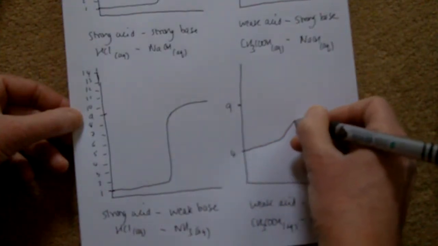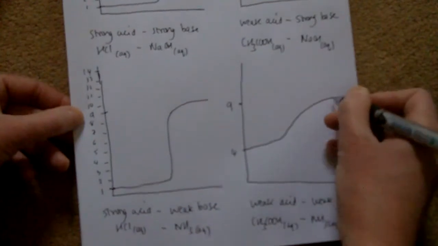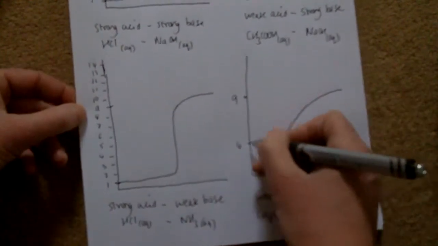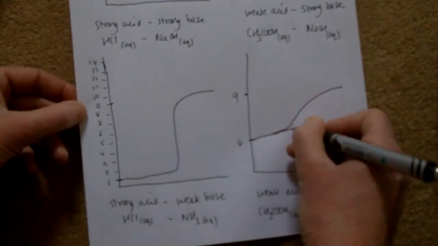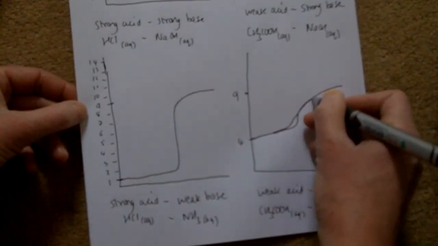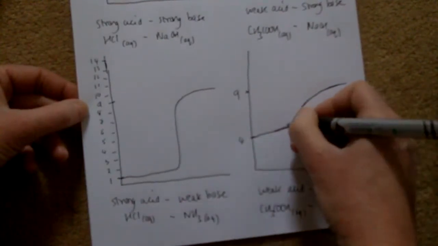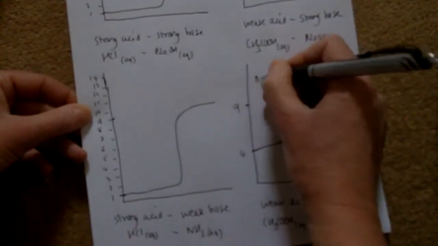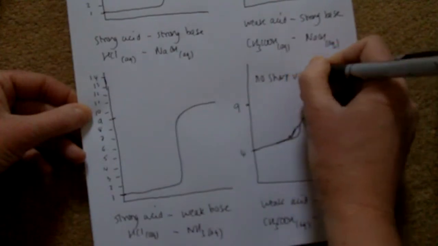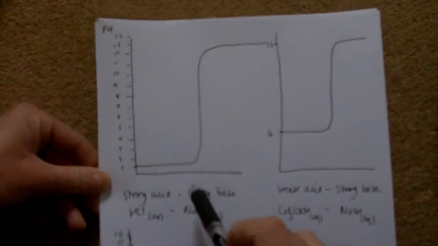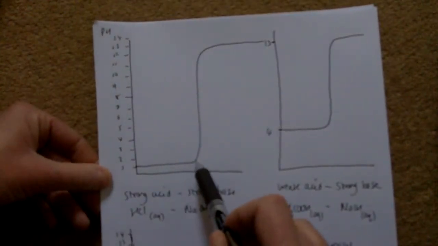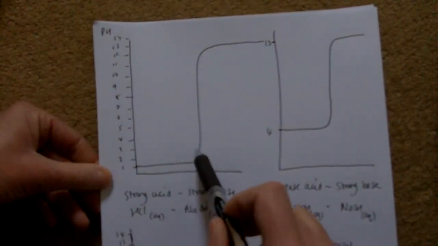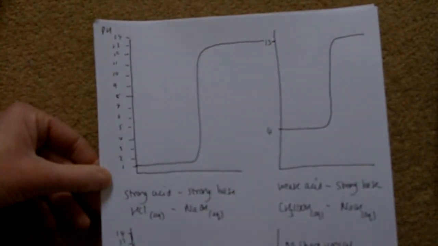There's only a small vertical, which is not very good. When we say there's no sharp vertical, on a good curve one drop is added, neutralization happens, and the pH increases quickly.